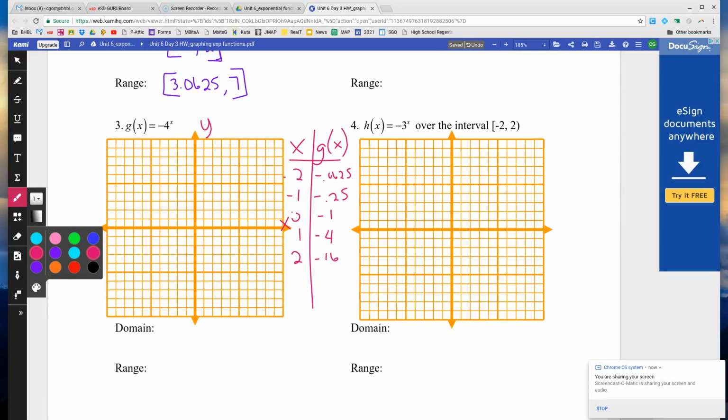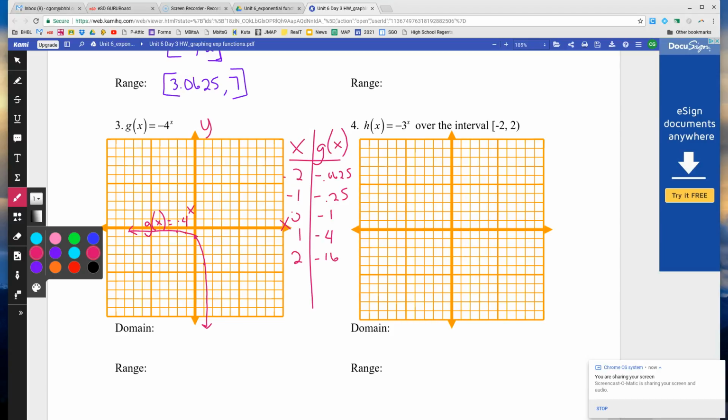So -2, down slightly, -1, slightly, 0, -1, 1, -4, and I know that this exponential equation will never ever cross my x-axis. It will continue on infinitely in both directions. So my g of x, -4 to the power of x.